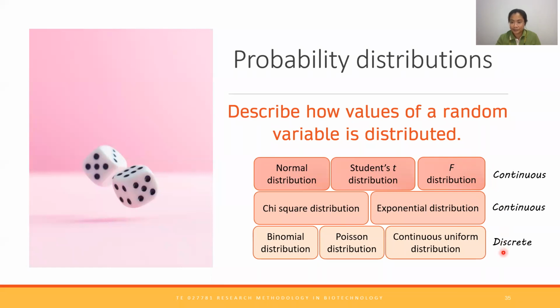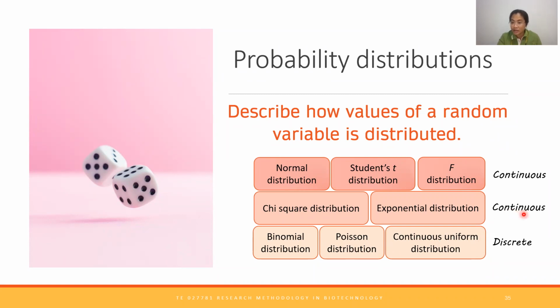And there are two main types of probability distribution, discrete or continuous. I'll just say the names first, and in the next two or three slides, we have some examples. The discrete probability distributions include the binomial distribution, Poisson distribution, and discrete uniform distribution.